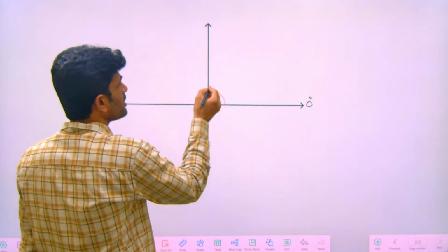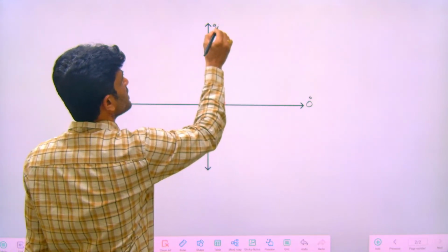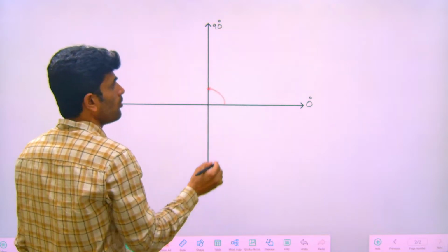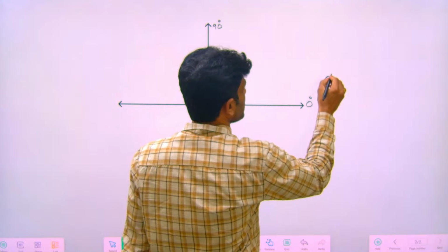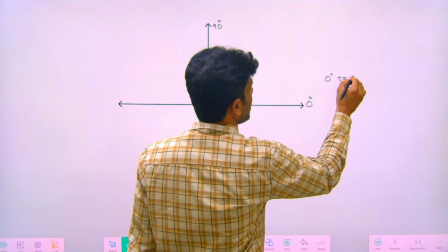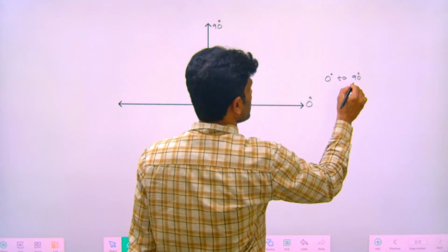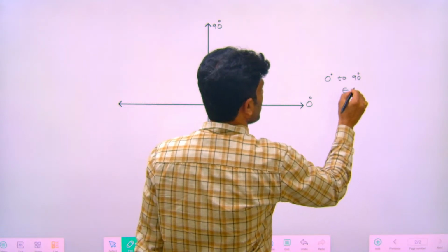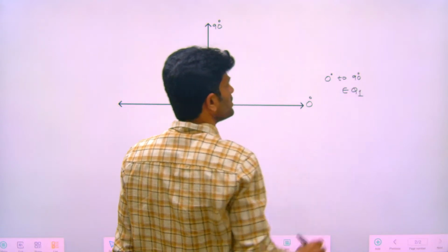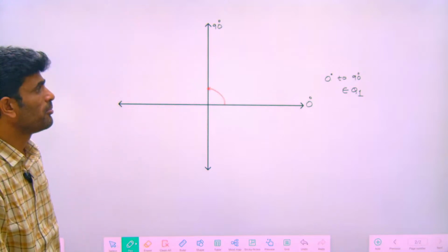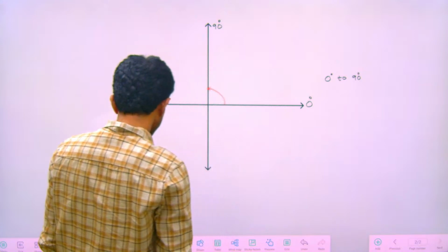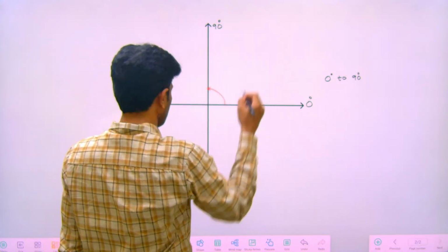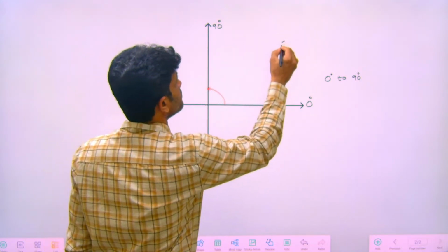So, if the angle is from 0 degrees to 90 degrees, whatever angle it is between 0 and 90 degrees, that belongs to quadrant 1. Means all the angles between 0 degrees and 90 degrees will be in quadrant 1.